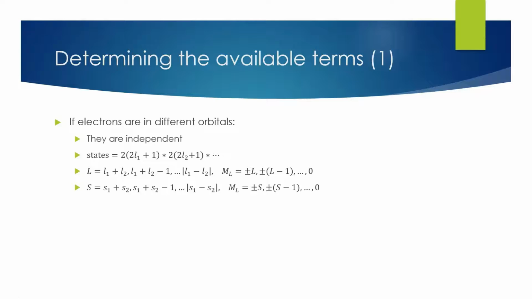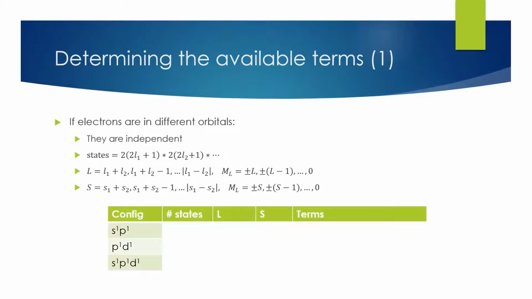Let's start with s and p. If we have an s orbital and a p orbital, l for the s orbital is equal to 0, l for the p orbital is equal to 1. So the highest L it could have is 1, and the lowest L it could have is 1, because 1 plus 0 is the same as 1 minus 0.